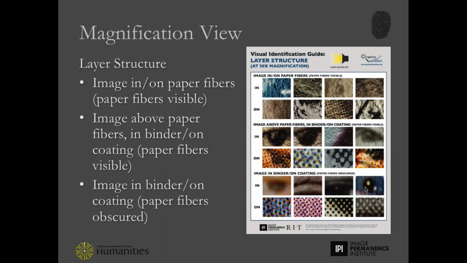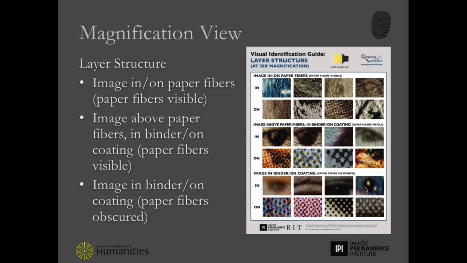So going back to our guide, the first section at the top shows examples of one-layer structures in which the paper fibers are visible and the image is either in or on the paper, whether it's a photograph or photomechanical or digital. The middle section shows examples where the paper fibers are visible, but the image is suspended above the paper, either in a binder or on a coating.